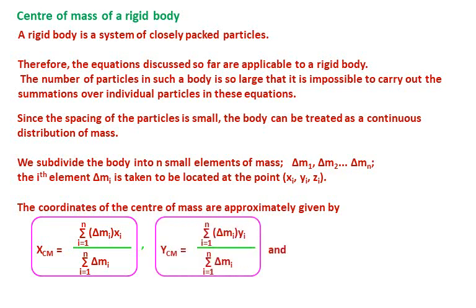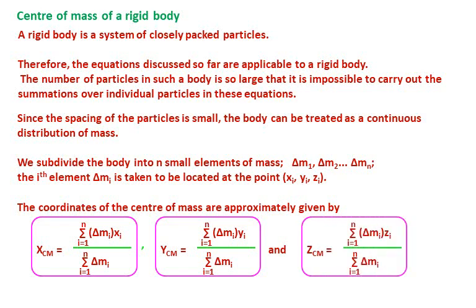X coordinate of center of mass will be the sum of the products of the delta m into x coordinate divided by the total mass. Similarly for y coordinate and z coordinate.